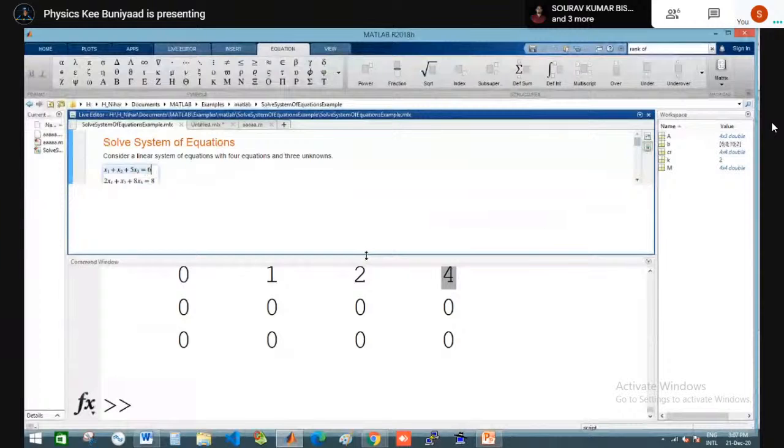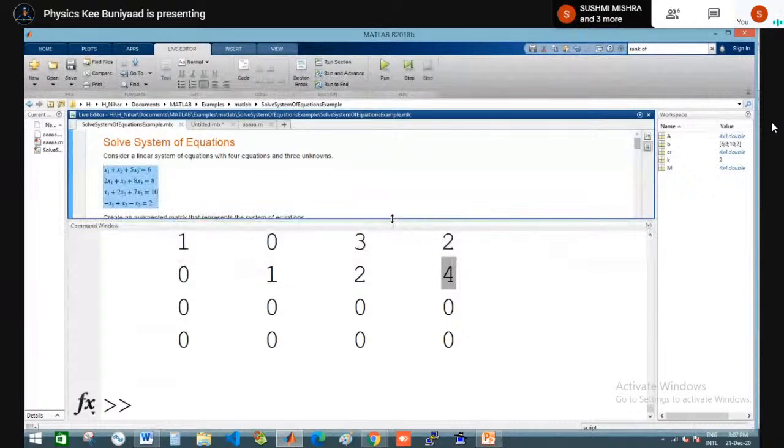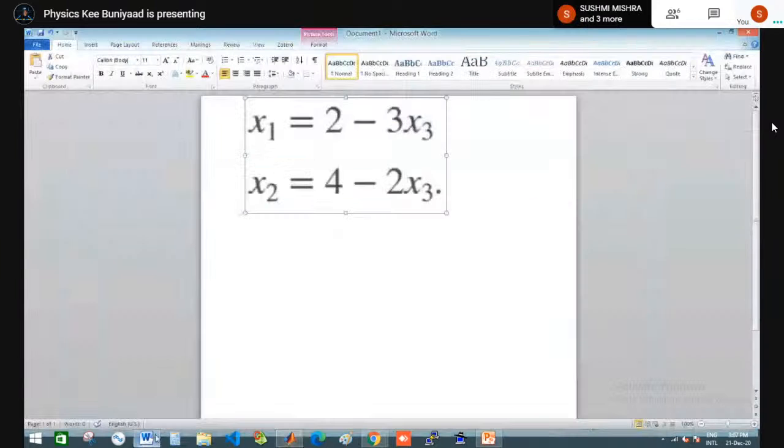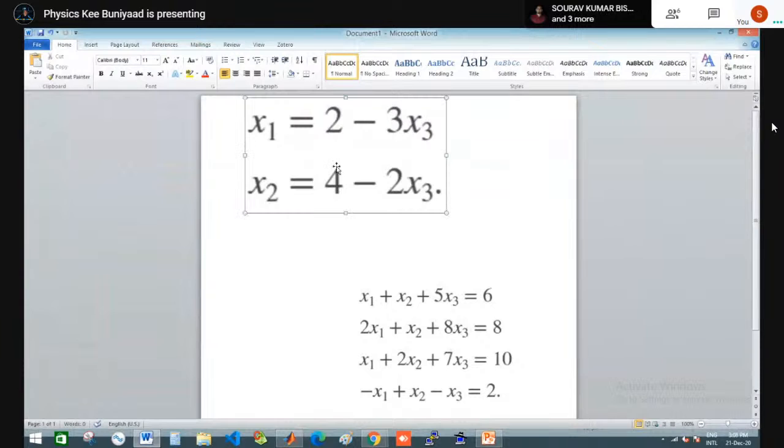So from that you get x1 is equal to 2 minus 3x3. The second one gives you x2 is equal to 4 minus 2x3. So what you are getting: this was the previous one, and now we have reduced it into this one.